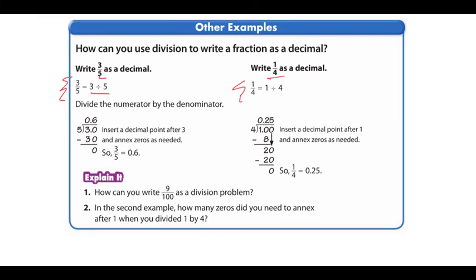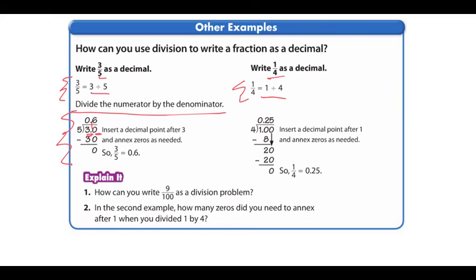Same with 1/4 is 1 divided by 4. So the numerator divided by the denominator. We know how to do that by putting it in the house. If the 3 is the dividend and it's smaller than the divisor 5, we just add a decimal and a 0. Then we can easily divide it.